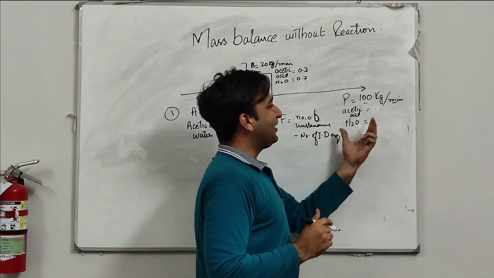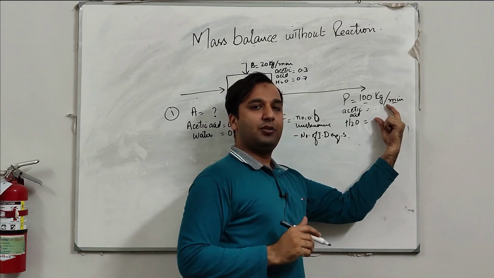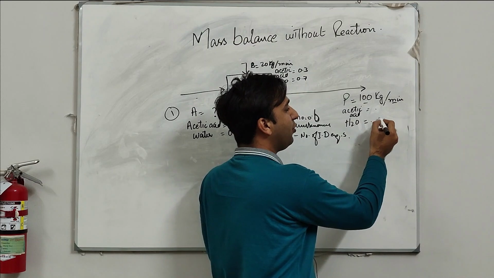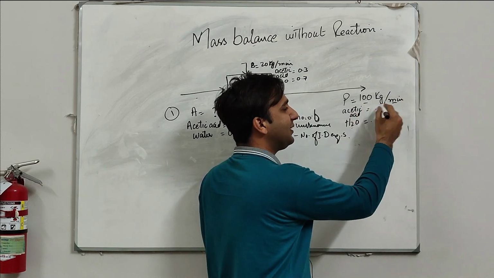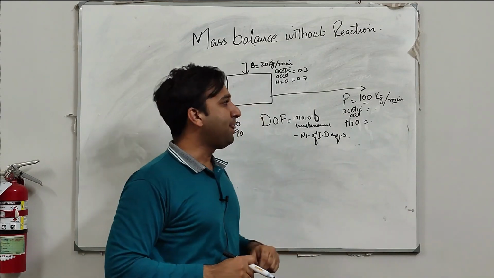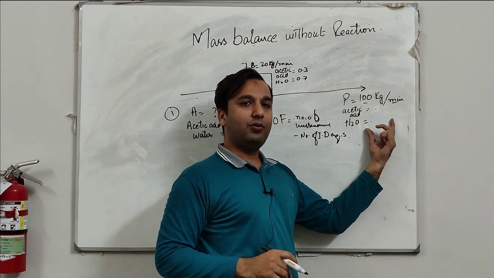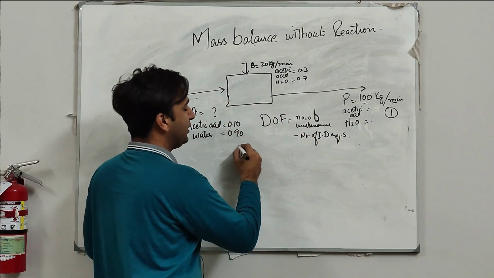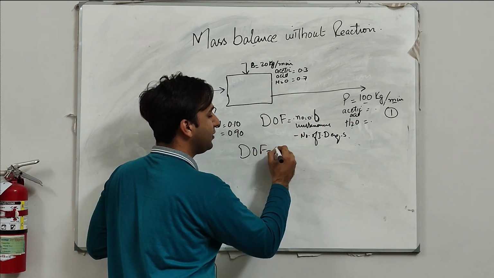As the combination of these two fractions will be 1, if we know only water or acetic acid, the other will be known by subtracting it from 1. So that unknown is 1, and the overall number of unknowns is 2.